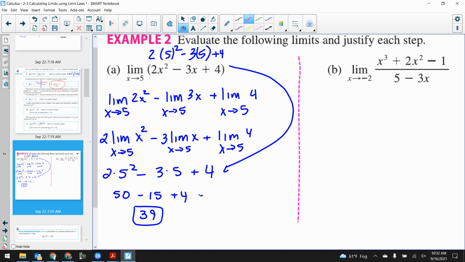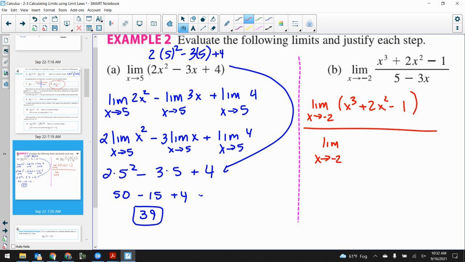No, so we're good. Okay, so we can take the limit of the numerator. Again, we're kind of crawling before we can walk here. Of x to the third plus 2x squared minus 1 divided by the limit of the denominator of 5 minus 3x. That whole thing. Right?